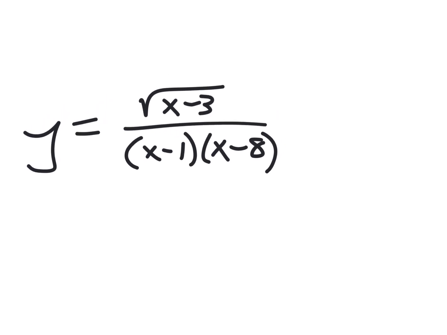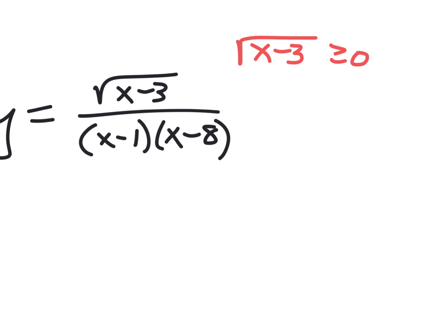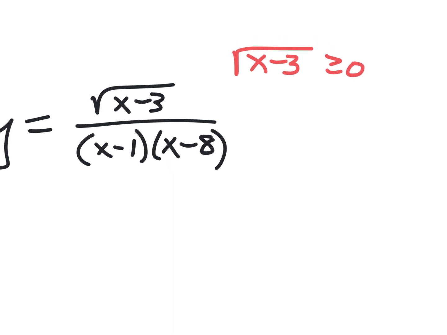I'm going to make a mistake on purpose here and tell you what the kid is thinking. Okay, I remember that square roots aren't supposed to be negative, so I'm going to write square root of x minus 3 has to be greater or equal to 0. It's subtle, but there's just one little thing wrong there. What did I do wrong?